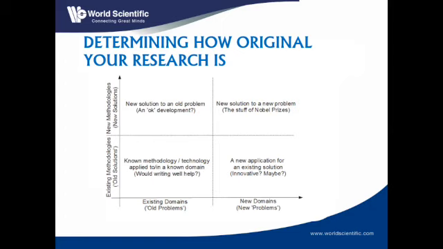If you are solving an old problem with an old solution, which is most of what we are publishing, then you need to tell the reader, the reviewer, the editor why your paper is worth reading. What have you done to improve the current existing problems or solutions? You need to tell everyone what you have done to make your paper stand out.